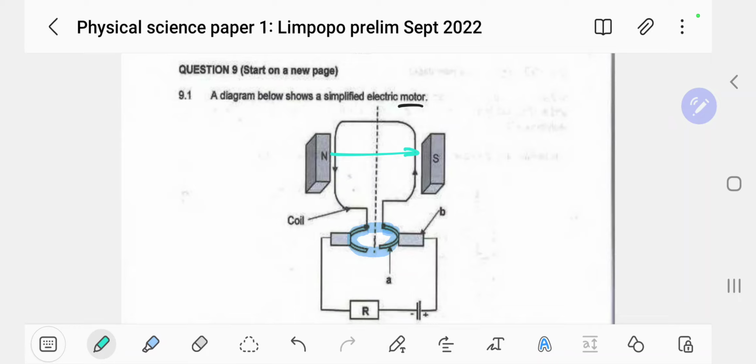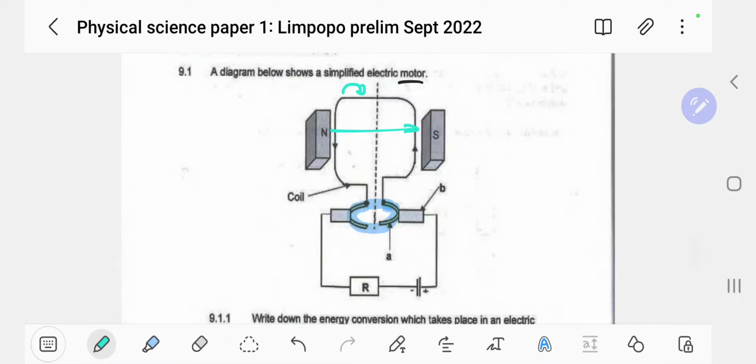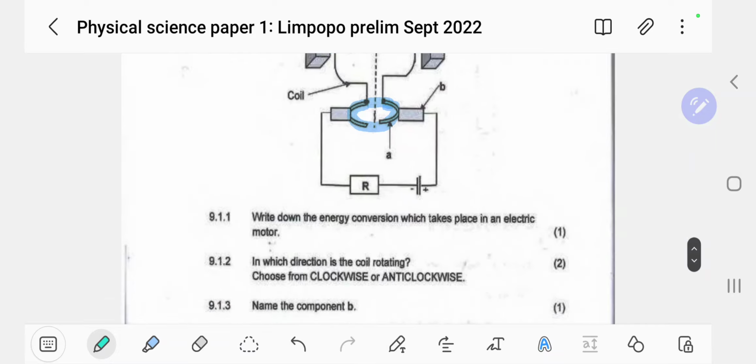So this means this force is down on this part, and then on this part, same story, the force is up, so meaning our little armature will rotate clockwise. So these are the things you want to quickly look at and be able to just deal with.